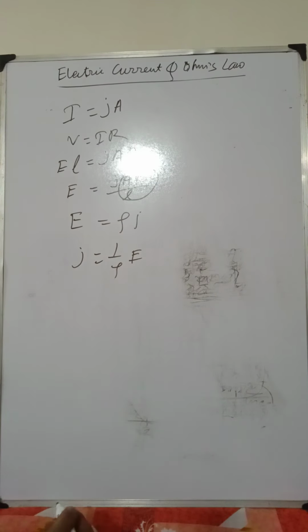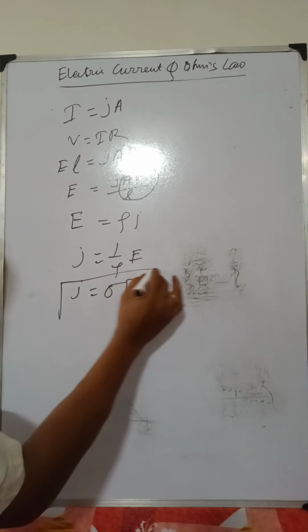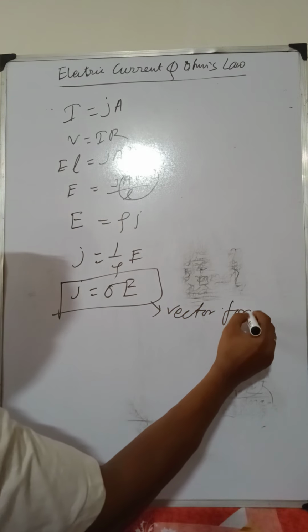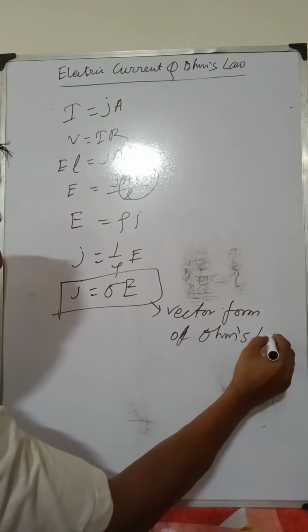Remember, the reciprocal of resistivity is called the conductivity, sigma. This is the vector form of Ohm's law.